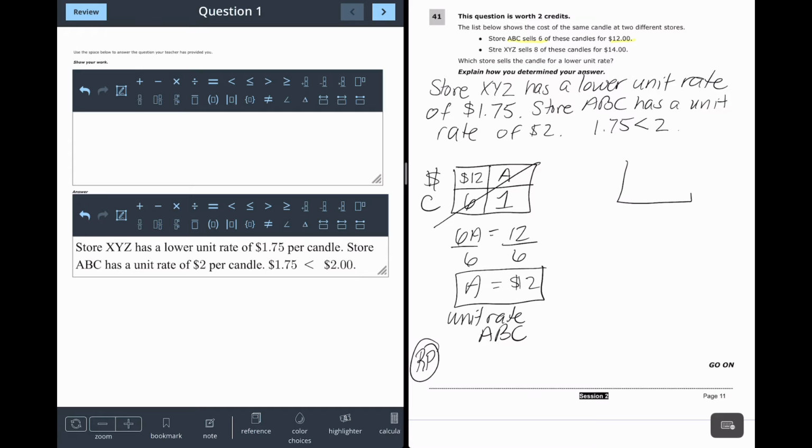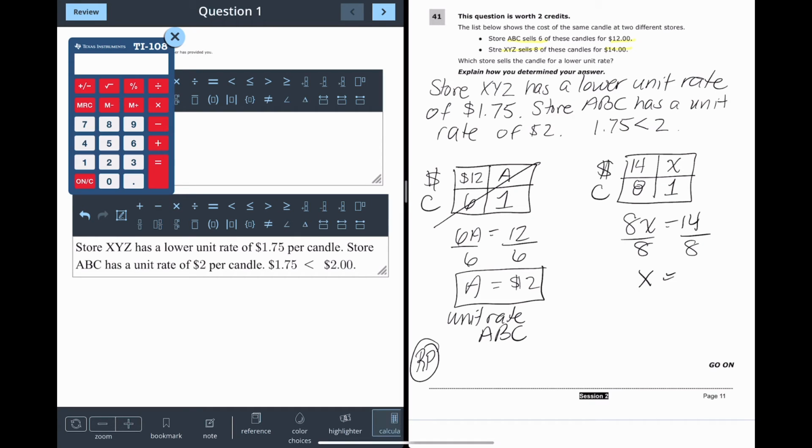Then I would do the same thing for XYZ, money, candle. And in this one, it's 8 candles are $14. So I'm going to put $14, 8 candles, and I want to know the price for one candle. So this is store XYZ, so I'm going to use X. We're going to do our cross multiplying, and 8X is equal to 14. I'm going to divide both of them by 8.